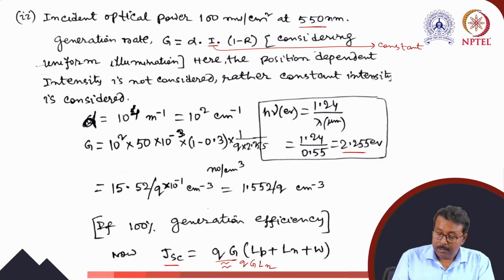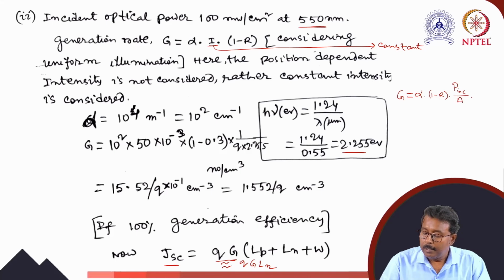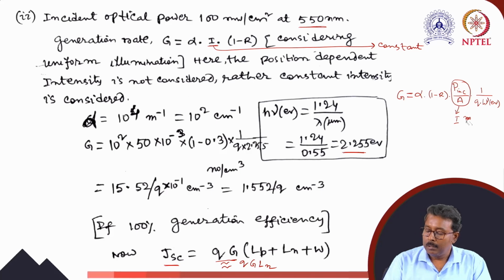So G will be alpha times (1 minus R) times P incident by area, into 1 by Q into h nu, where h nu is in electron volt, and P incident by area is nothing but I, milliwatt or watt per area.